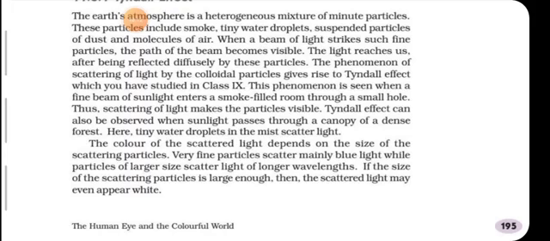The color of the scattered light also depends on the size of the scattering particles. Very fine particles, that is, very small particles, scatter mainly blue light, while particles of larger size scatter light of longer wavelength.